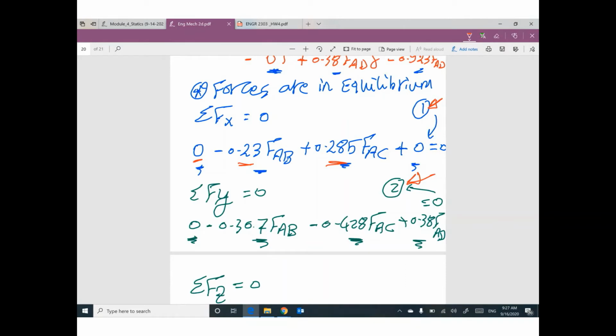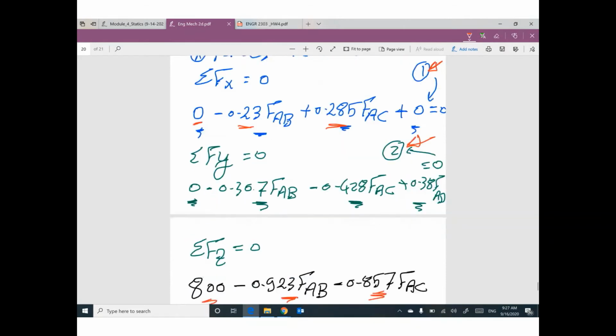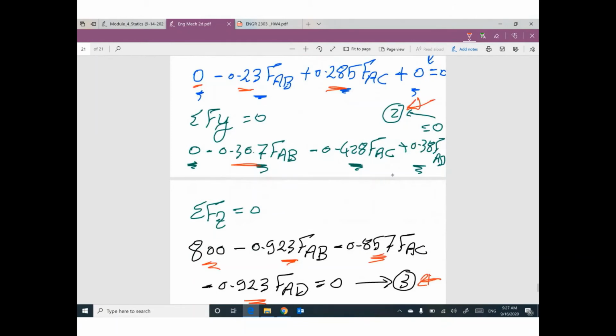Second equation, we have negative 0.307, negative 0.428, positive 38, equals 0.